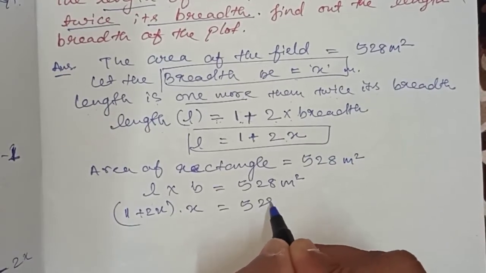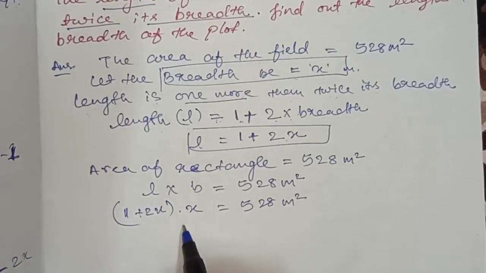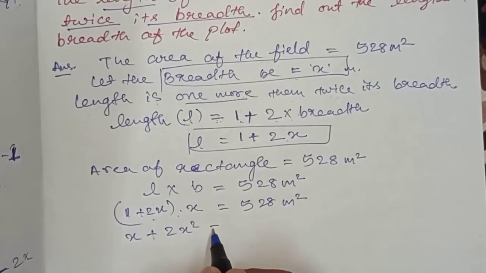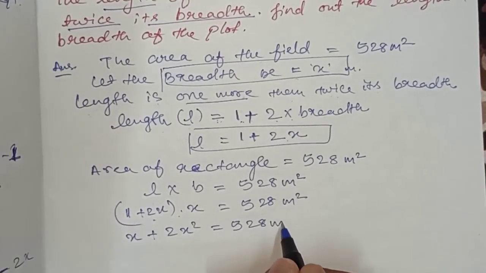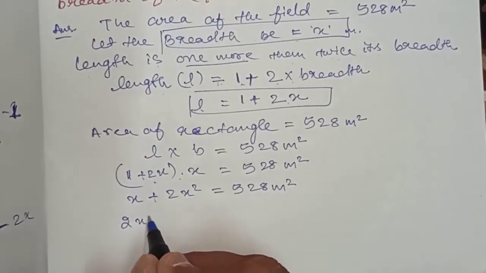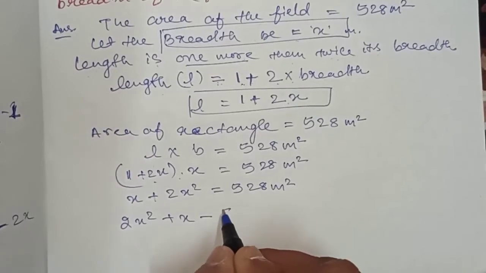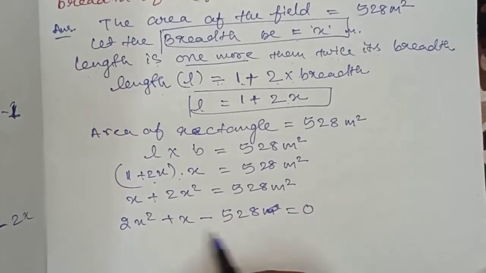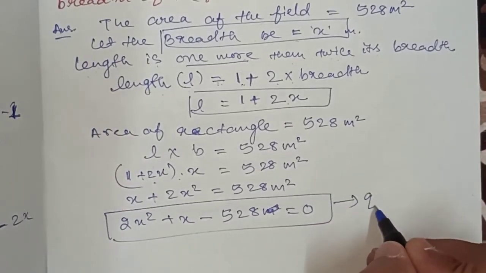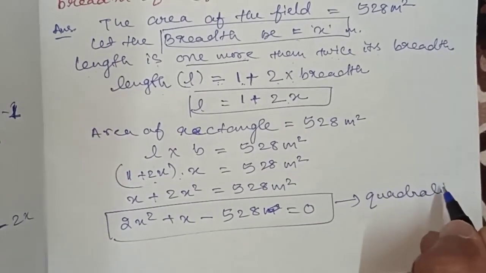Now open the bracket and multiply. x into 1 is x, 2x into x is 2x square, equals to 528. Now bring 528 this side. We will get 2x square plus x minus 528 equals to 0. This is the representation of quadratic equation.